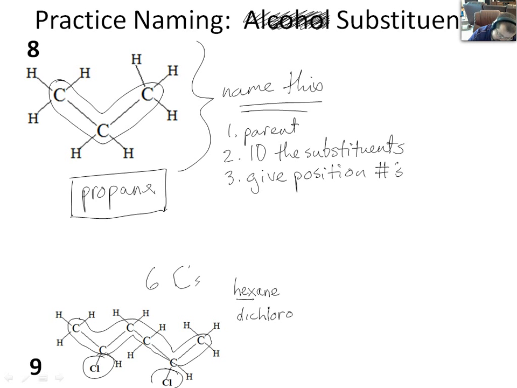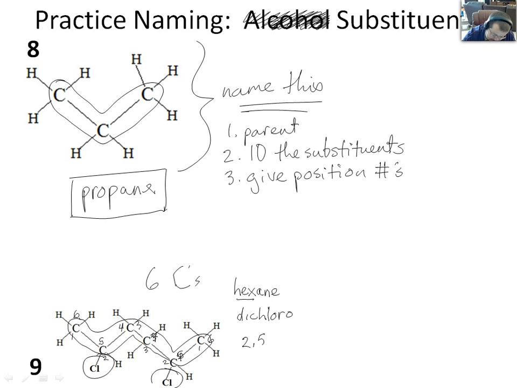And now we have to decide on position numbers. So I've got 1, 2, 3, 4, 5, and 6 if I number from right to left. If I number left to right, I get 1, 2, 3, 4, 5, 6. So in numbering left to right, I get position numbers of 2, 5.